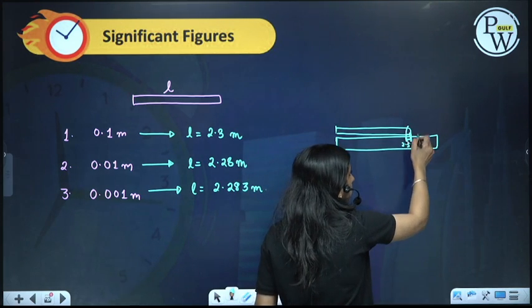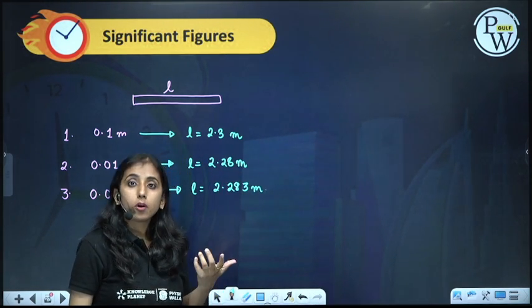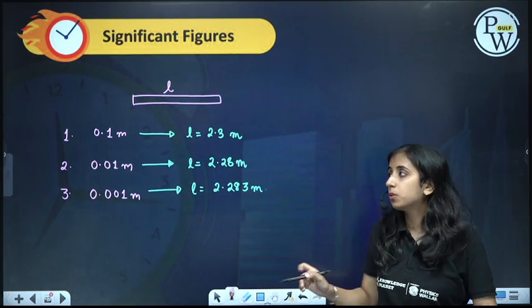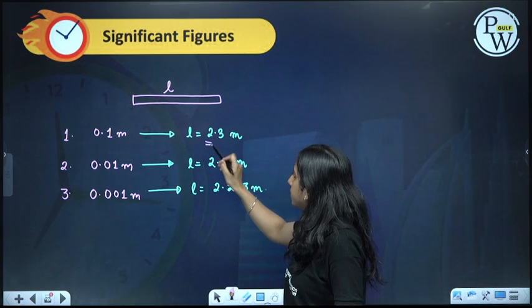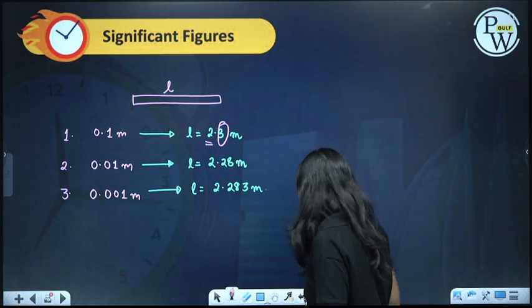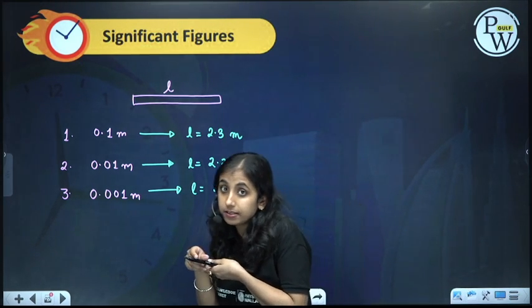So what we are measuring is an approximate value. We are confident of this measurement only up to this digit. This can be different because we don't know the exact measurement. If we have a better scale, we could measure that distance also.